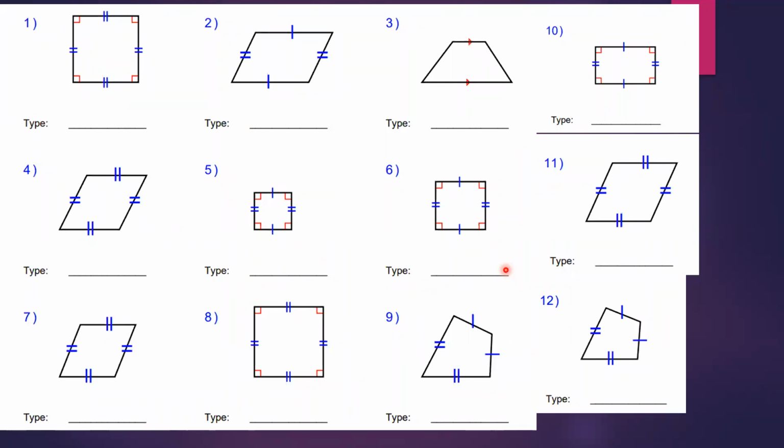LeVar Brown. Yes, sir. What number are you on? Number 3. Number 3. And Lanaya, what number are you on? I'm on number 2.